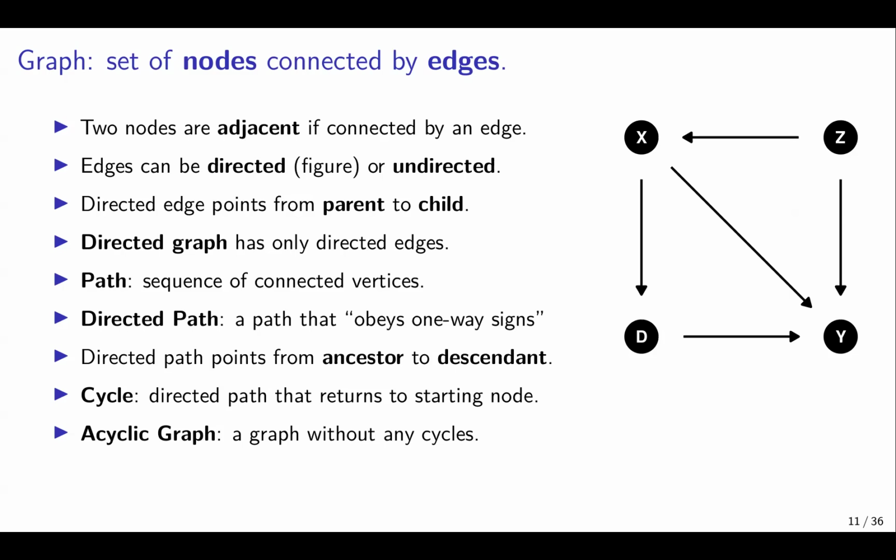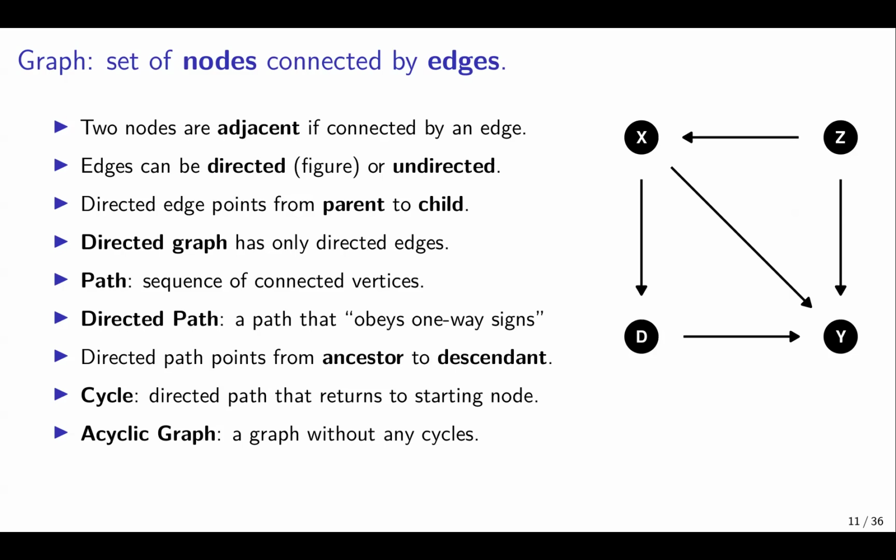So D to Y has an arrow pointing along the path from D into Y, but Y to Z doesn't. For Y to Z, the arrow is going the wrong way. So overall, that is not a directed path. A directed path is said to point from an ancestor to a descendant. So X is an ancestor of Y in this particular graph through D.